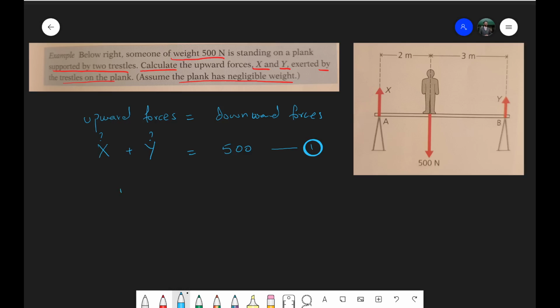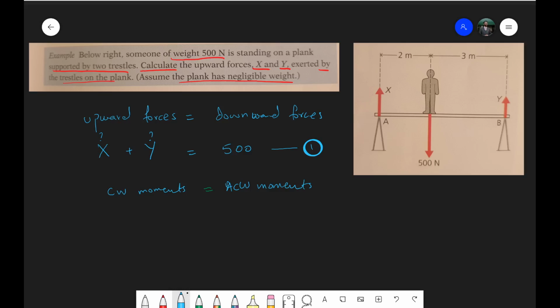So we can say again, sum of clockwise moments should be equal to anti-clockwise moments.